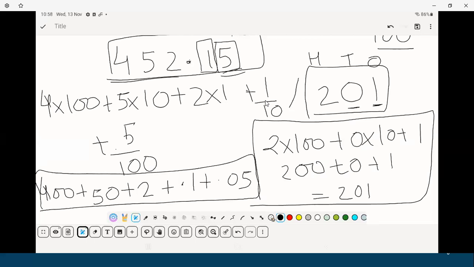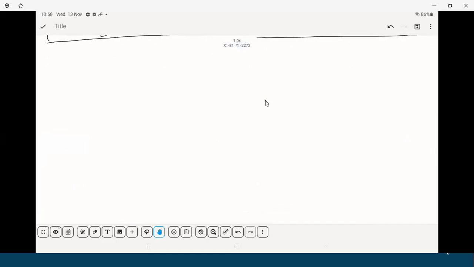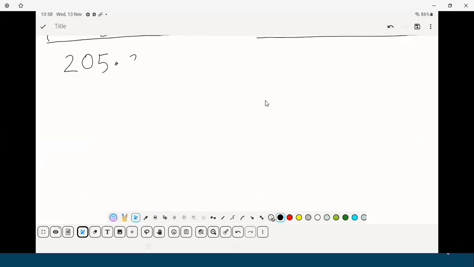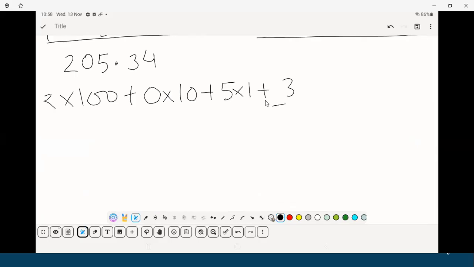Let's quickly see one more example. Suppose I have the number 205.34. You will simply write 2 into 100 plus 0 into 10 plus 5 into 1 plus 3 multiplied by 1 by 10 and 4 divided by 100.